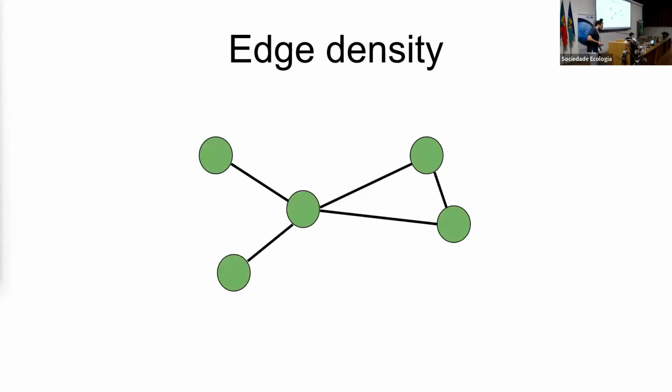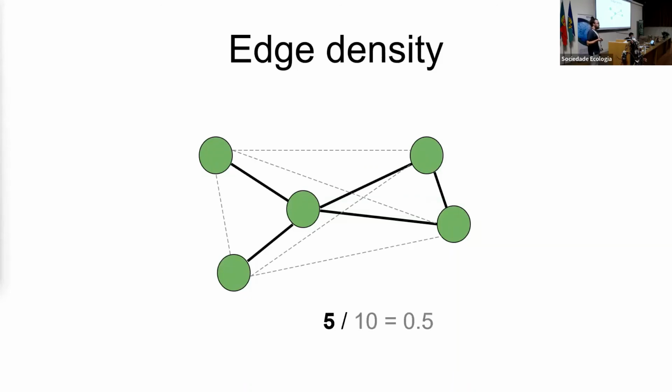A network is really just a collection of any objects that are joined together. And in the technical language, the connections are called edges. The edge density is the proportion of possible links that exist. So for example, here, we see these connections, but we could also have these ones. So the edge density is 5 out of 10, which is 50%.